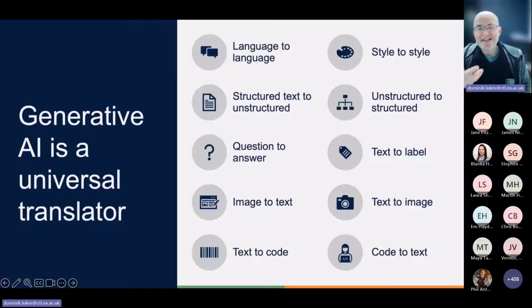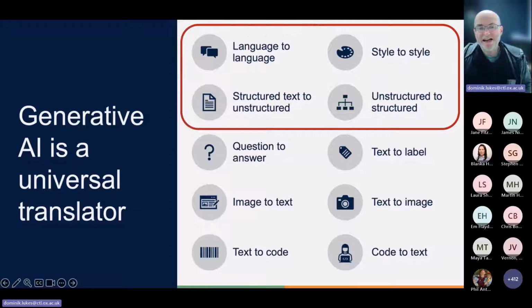And I always like to say it's a really good idea to think of it as a universal translator between languages, between styles, from structured to unstructured, from unstructured to structured, and so on. Even question answering is really a translation from a question to an answer. If we look at these capabilities, that is quite relevant to summarization. It can translate from a longer text to a shorter text.